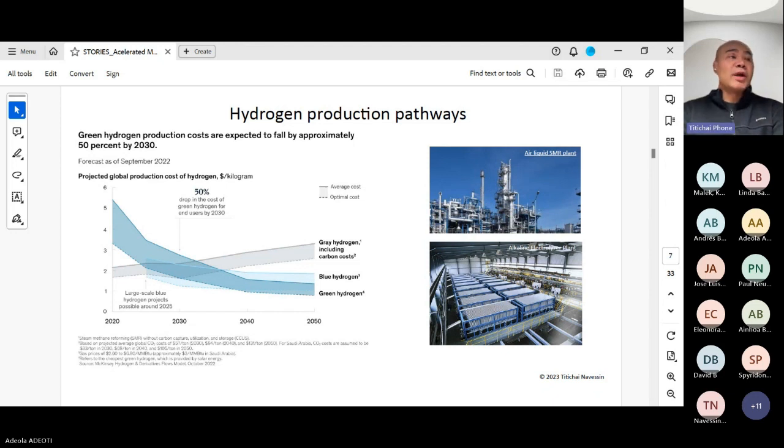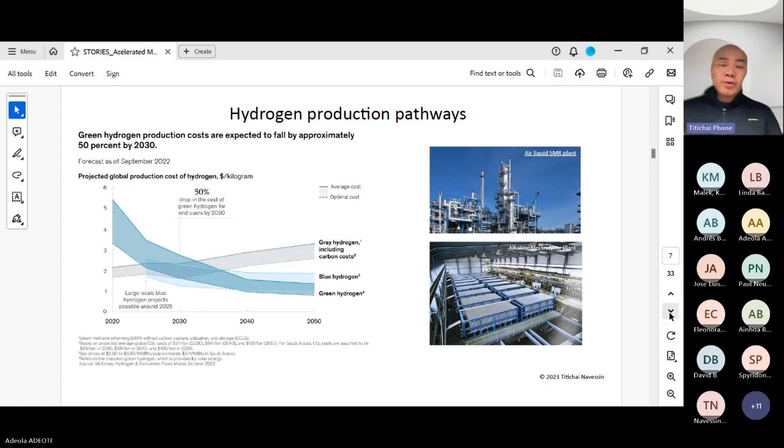The price will come down significantly over the years, and that trend should continue. Gray hydrogen price will go up. Gray hydrogen is the one made from steam methane reforming, SMR. With the carbon pricing increasing, this is the trend that we'll see. So in order to make this a reality, significant changes in the materials must happen. So that goes to the next slide, please.